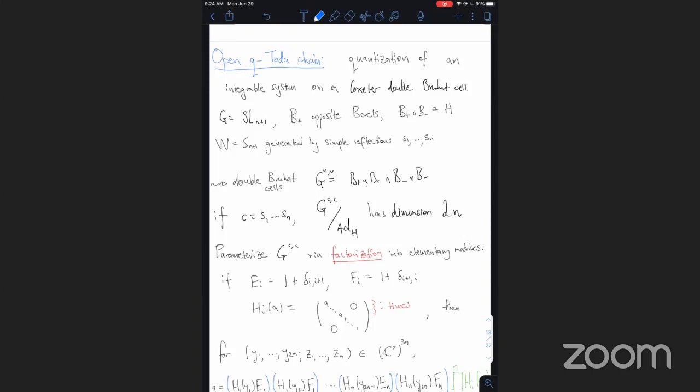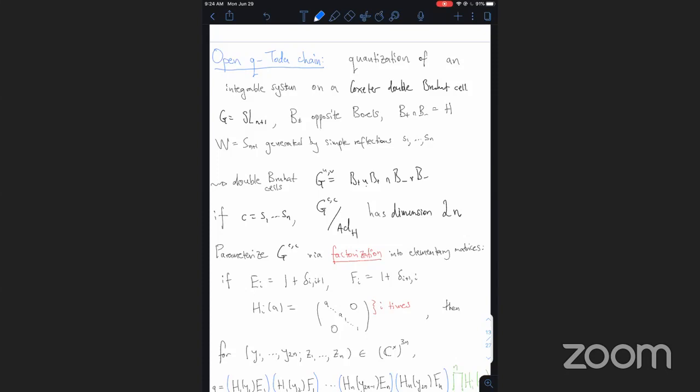When we take a quotient by the action of the Cartan torus by conjugation, we end up with a variety of dimension 2n. And this is going to be convenient to coordinatize, or parameterize at least an open subset of this subvariety, in the following way.